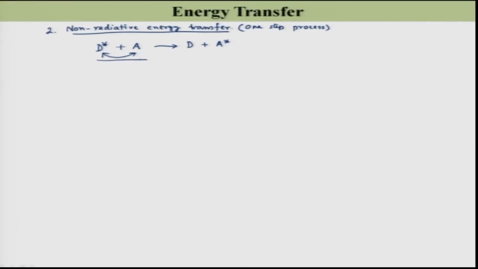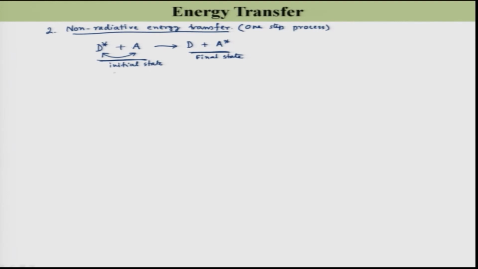If I now describe this situation, D star and A as my initial state and D plus A star as my final state, this transformation from the initial to final must be accompanied with some perturbation, and that is the interaction between this donor and the acceptor.